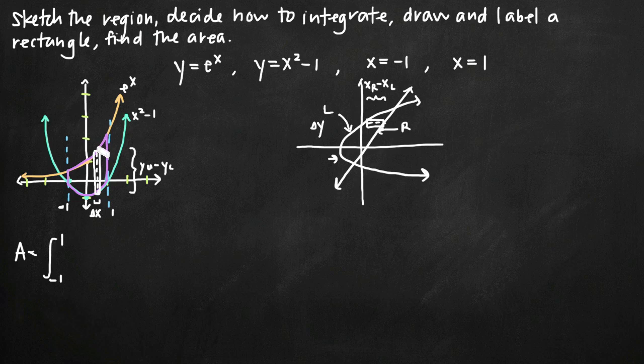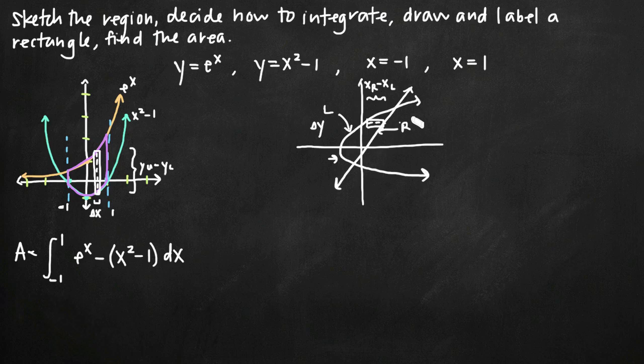And we want to say the upper curve minus the lower curve. So we say the integral of e to the x, our upper curve, minus the lower curve, (x squared minus 1). And don't forget these parentheses. It's really important because we have a negative sign here. We need to make sure we distribute it across the entire lower function. So upper minus lower, and because we're integrating with respect to x, we do dx here.